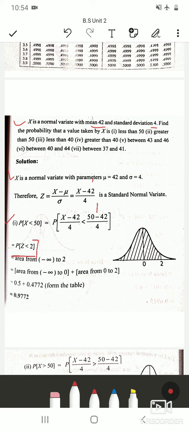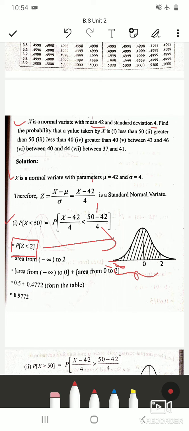Once you get this, the next step is to draw a normal curve. Make sure these edges don't touch the line. Now you want to find the area, the probability of z less than 2. It means the value can range from 2 to minus infinity. So this whole region is the area less than 2.